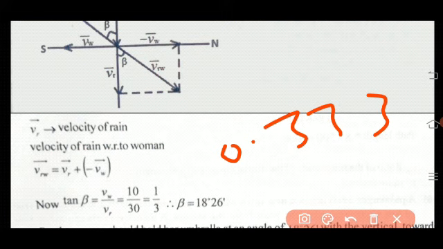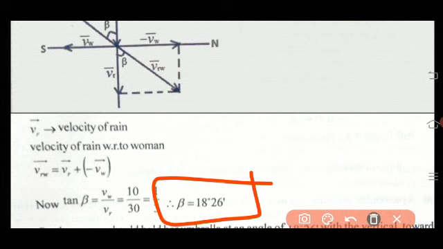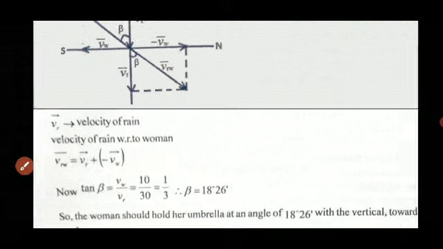Using Clark's table, you can find the angle corresponding to this tan value. Tan inverse of this is 18 degree 26 minute. So beta is equal to 18 degree 26 minute.